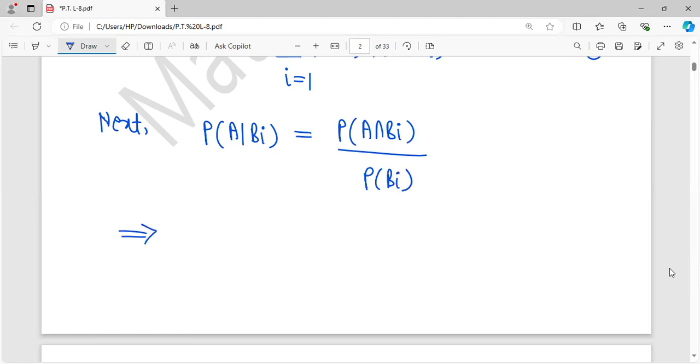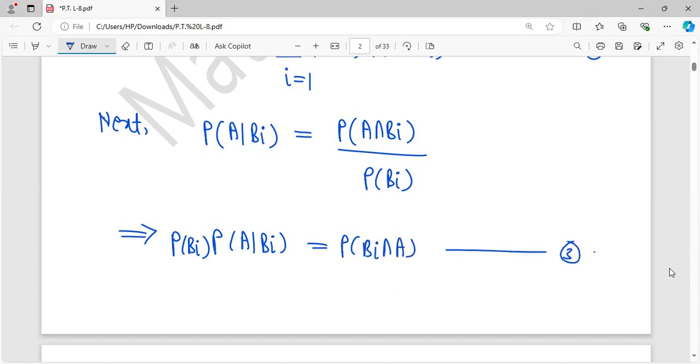This can also be written as P of A relative to Bi times P of Bi is equal to P of Bi intersection A, because A intersection Bi is equal to Bi intersection A. Let's call this equation 3.